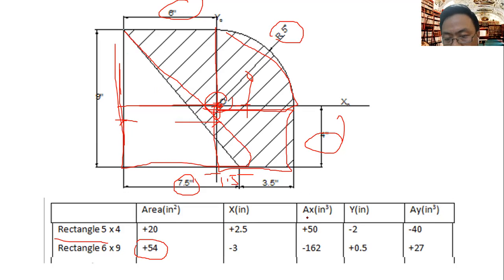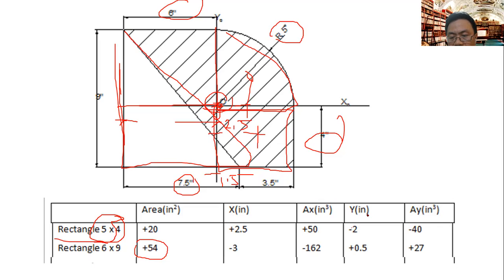So the centroid for this 5 by 4 along x is 2.5, from here. And we can compute Ax. Later, we're just going to use the formula, so this one is better to do, to compute it.